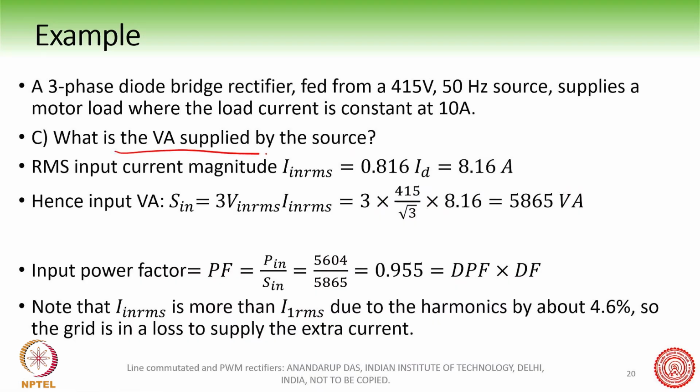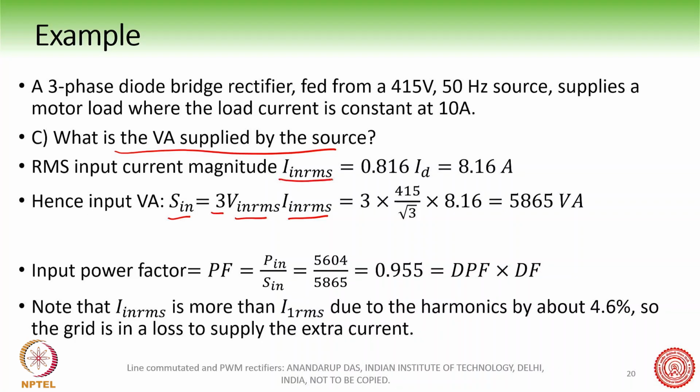What is the third part of the question? What is the VA supplied by the source? Volt ampere supplied by the source. Here you have to be a little bit careful. The volt ampere supplied by the source, S in, is 3 times, because there are 3 phases, V in RMS into I in RMS. It is no longer simply the fundamental, it is the total RMS values. Now what is I in RMS?